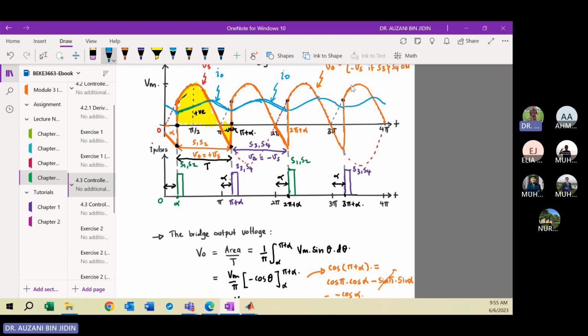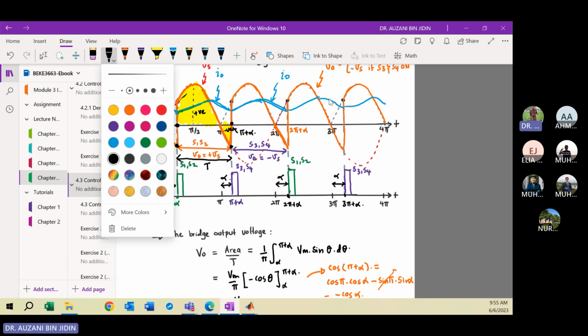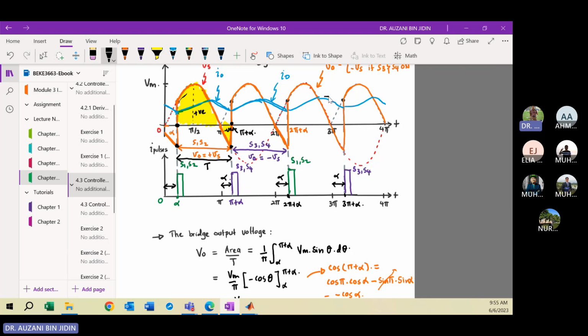It means that by applying the appropriate value of L, you need to design the value of L so that the ripple here, meaning the difference between the maximum and the minimum, the change of IO, is limited to what? 2 ampere.